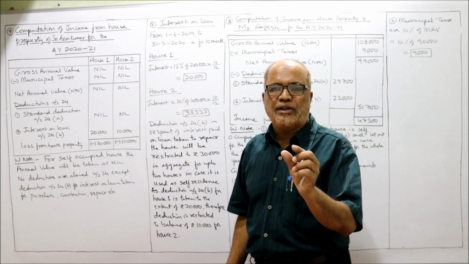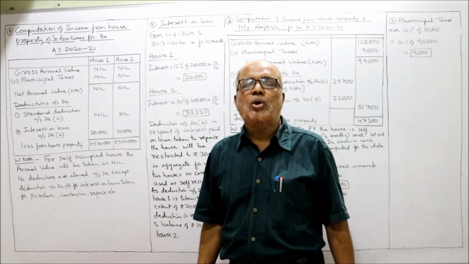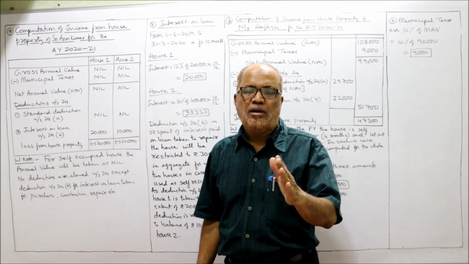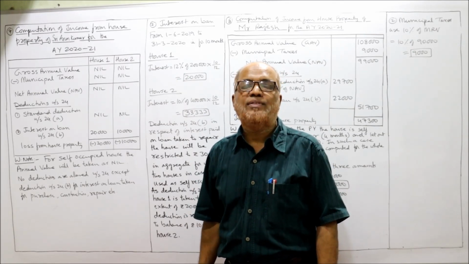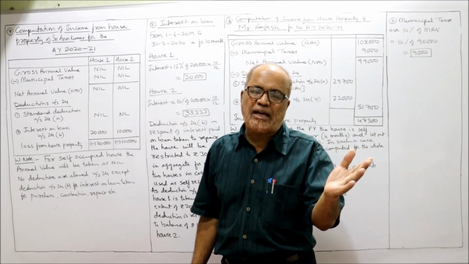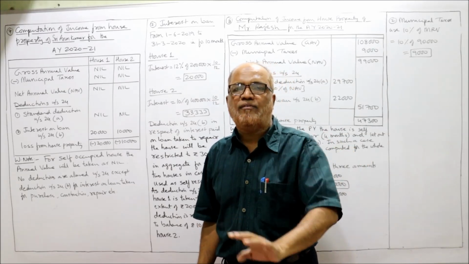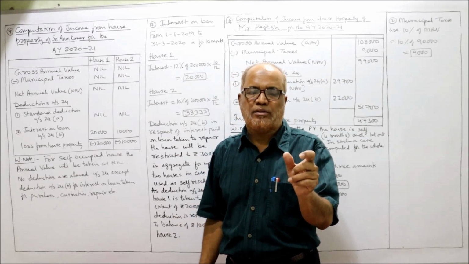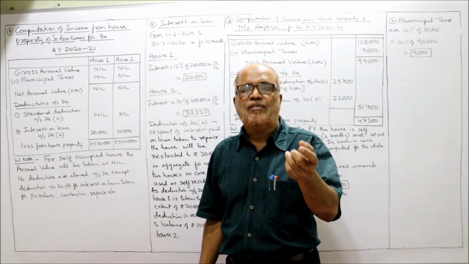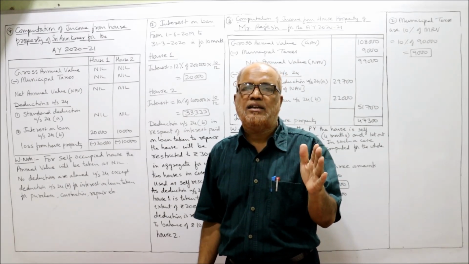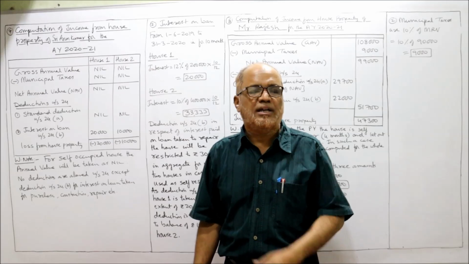But remember one point. Interest on loan taken for repair will be allowed as deduction up to a maximum amount of 30,000, whether the loan is taken before 1/4/1999 or after 1/4/1999. Because there is a separate provision. If the loan is taken for purchase or construction before 1/4/1999, the maximum limit was 30,000.